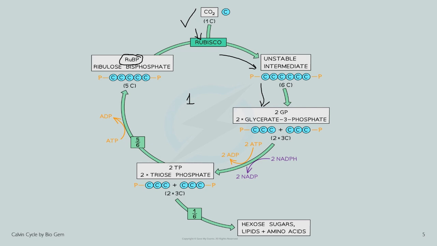So of the 2 molecules of triose phosphate, one of them is lost and converted into any type of carbohydrate, lipid or amino acid you need. So now what we have here is 5 out of 6. This is 6 times, so multiply by 6, and it will be 5. So 5 molecules of ribulose bisphosphate are formed here from 2 molecules of triose phosphate, and these triose phosphate are formed from 2 molecules of glycerate 3 phosphate.